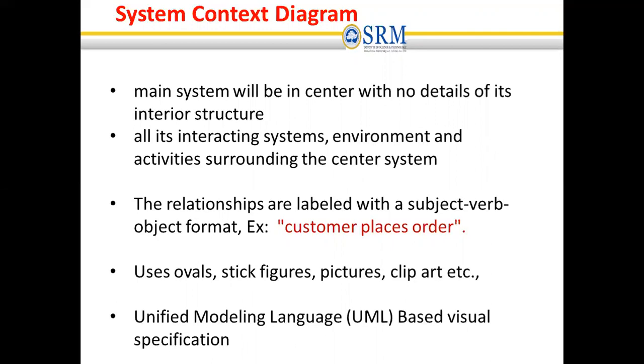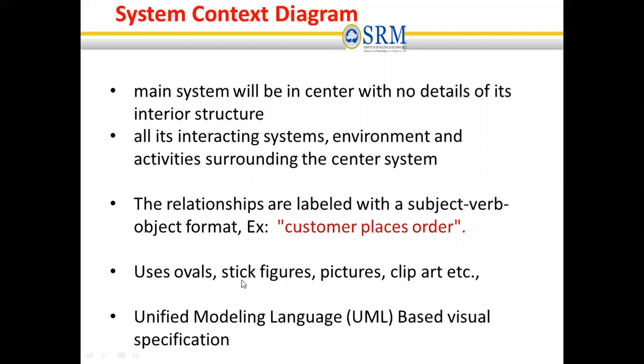System context diagrams can also use many other drawing patterns such as ovals, figures, external figures and cliparts to convey the meaning of the entities.